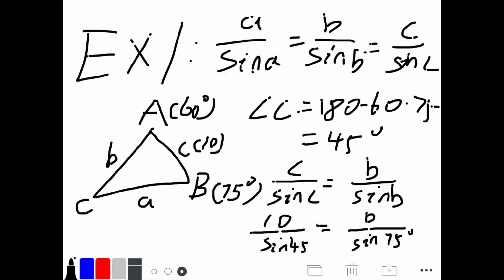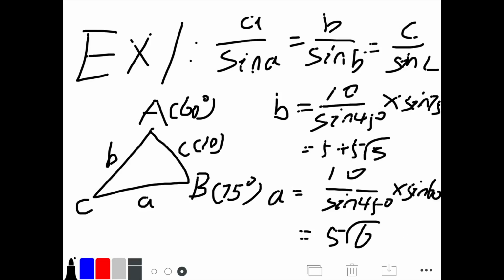We already know angle B is 75 degrees, so we can plug this number in. b equals 10 over sin 45 times sin 75, and we can get the side b. Also, a equals 10 over sin 45 times sin 60, and we can get the side a.